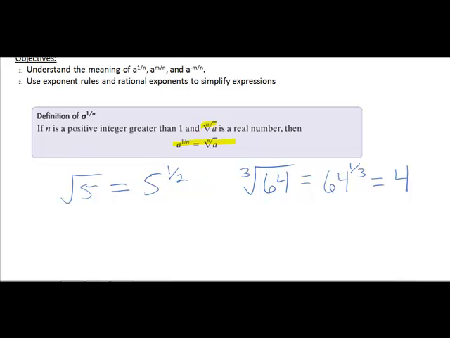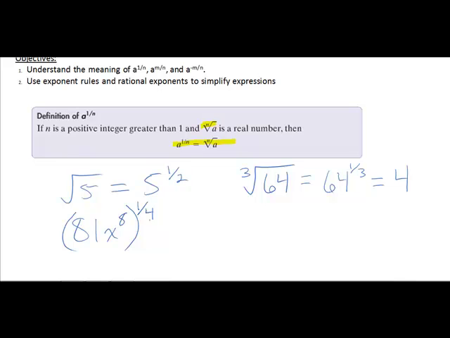How about we combine it and use it with something that looks a bit more complex. Let's say we have 81x to the 8th, and we want to take that whole thing to the 1/4 power. Now, we can use this exponent just like we would an integer exponent.